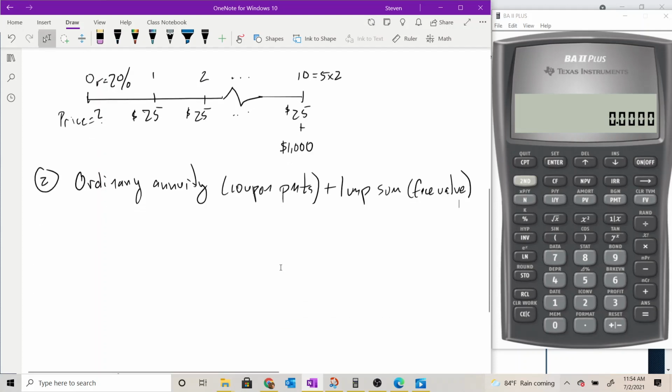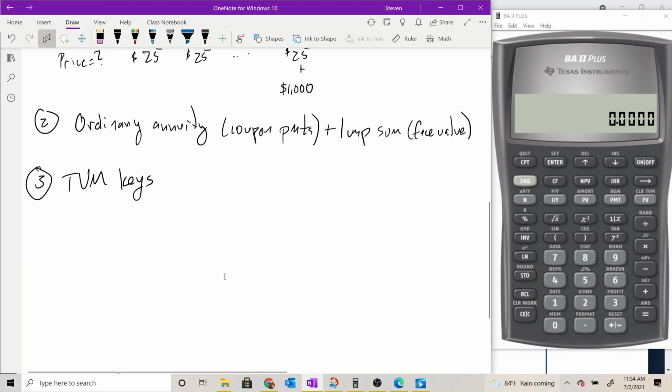We're going to go right to the time value money keys since those are an option. That'll help us work a little faster with fewer chances of error than doing the big long formulas. So let's start with price at issue, that first timeline that we drew out.